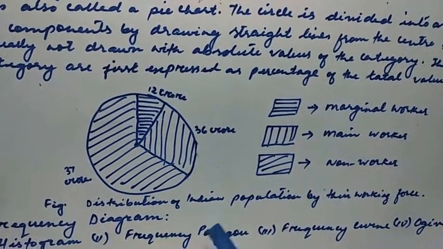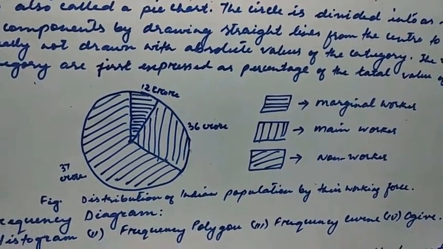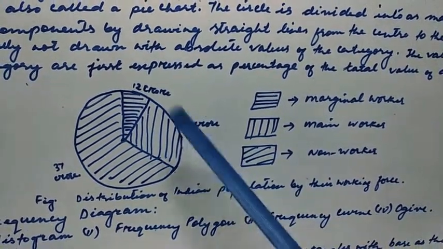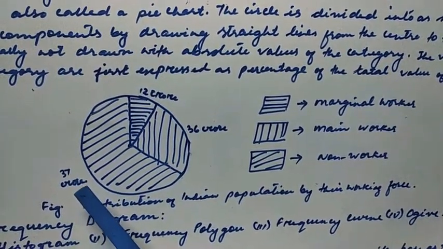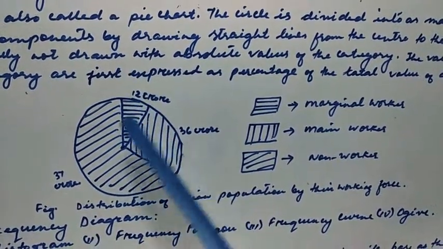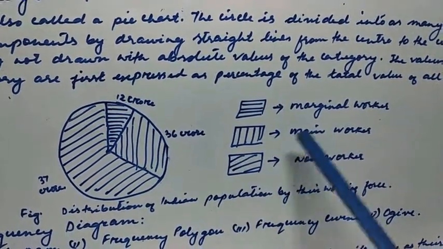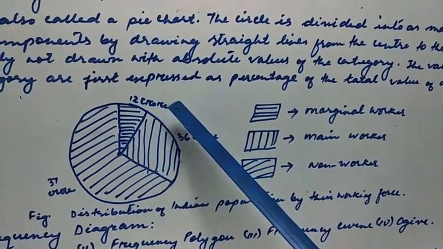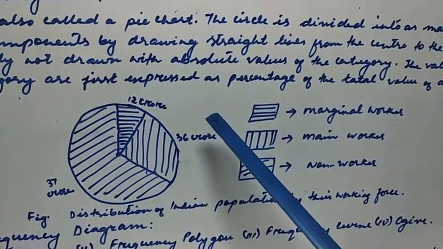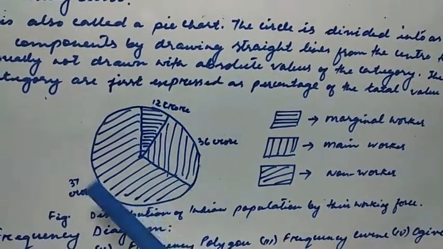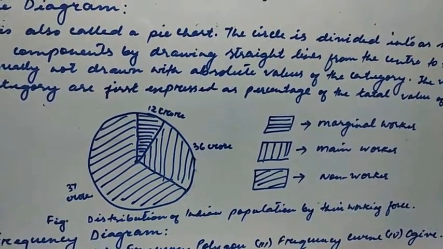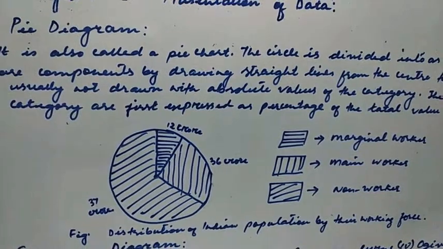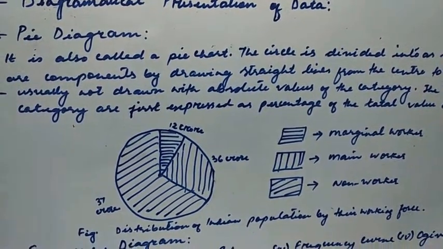By looking at this pie chart, we are able to understand that the non-workers are much more: 37 crore population are non-workers, main workers are 36 crore, and marginal workers are 12 crore. So the data are represented in a circular pie chart after expressing it in the form of a percentage usually.